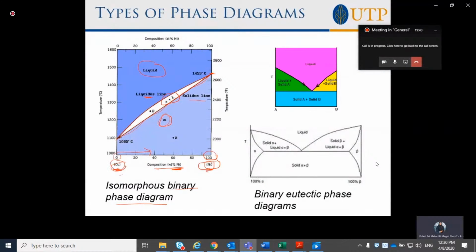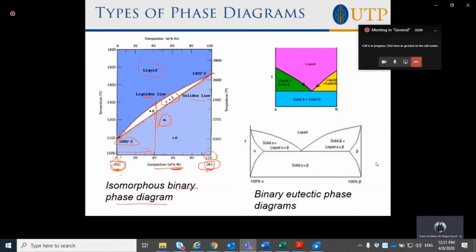I have pure copper here, so this is the melting temperature of copper. So what is the melting temperature of 40% nickel and 60% copper? I read straight up until I reach this point. So this is the melting temperature of 40% nickel, 60% copper.